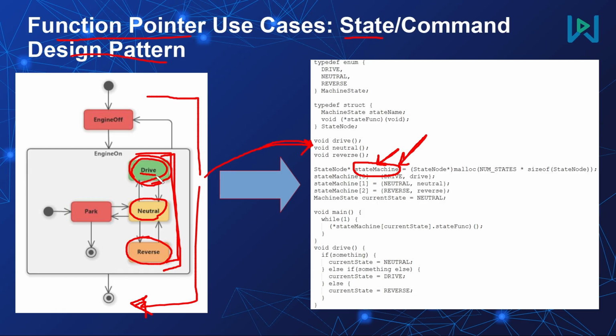So these states, drive, neutral, and reverse, must be encapsulated within this variable state machine. To do so, this variable must be of type state node, and this one is just a structure that encapsulates the name of the state, and then we'll have a dedicated function pointer to point to the real implementation of the state.